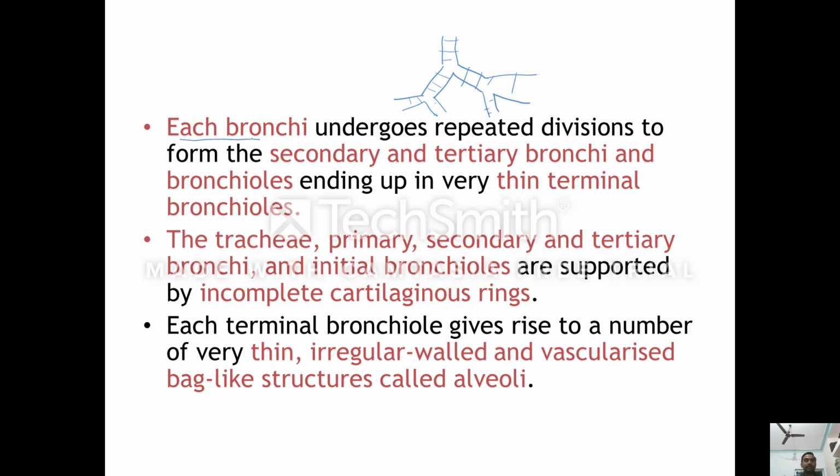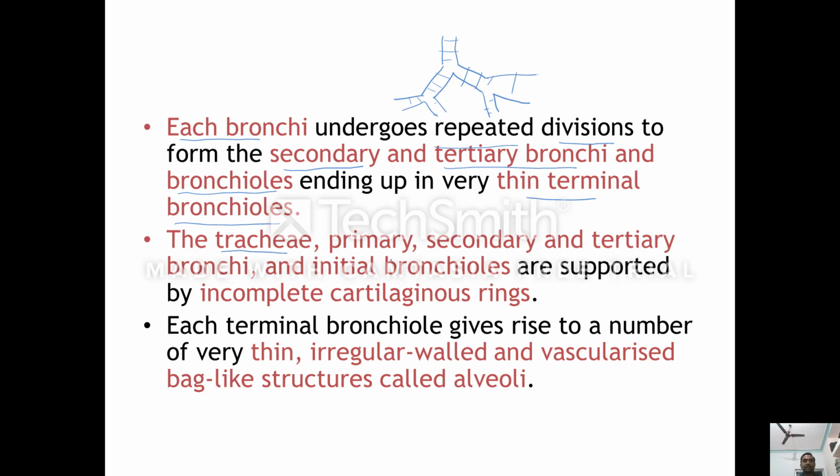Each bronchus undergoes repeated division. The primary bronchi branch into the secondary bronchi, the secondary bronchi branch into the tertiary bronchi, the tertiary bronchi branch into the bronchioles, and these bronchioles further branch into the terminal bronchioles.